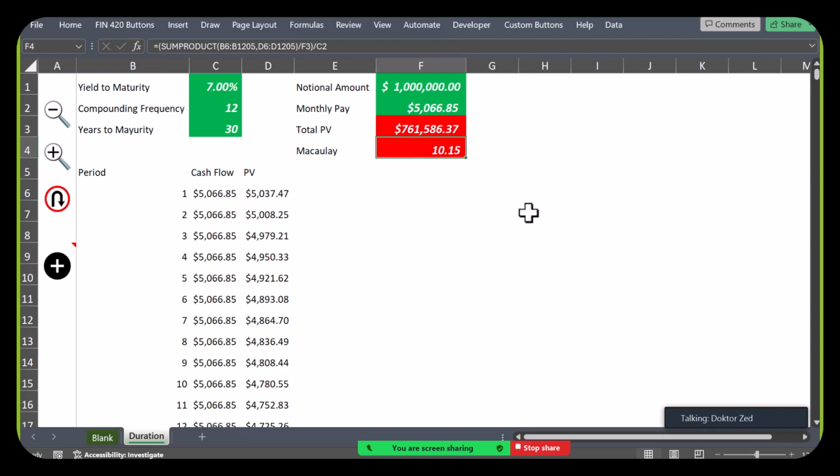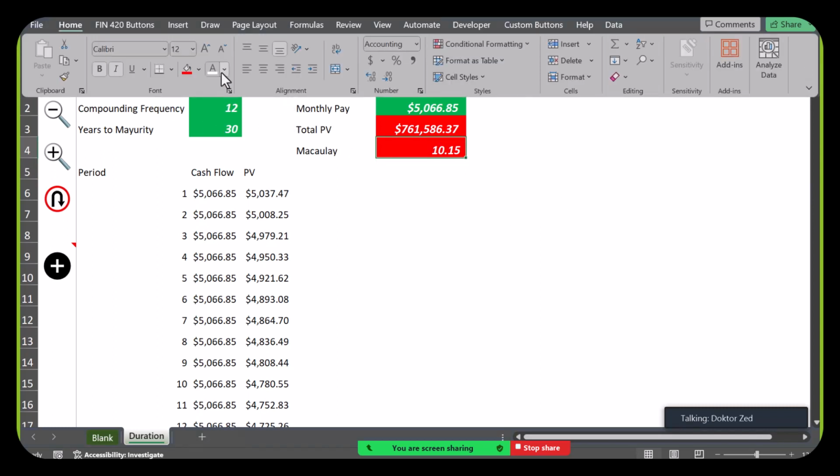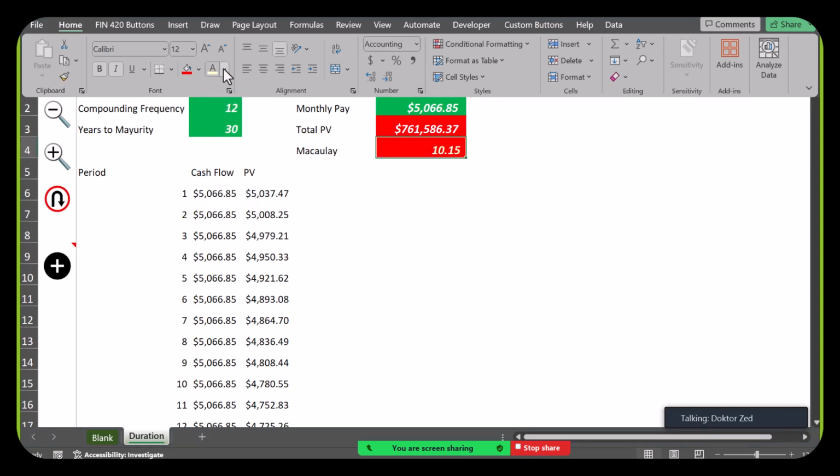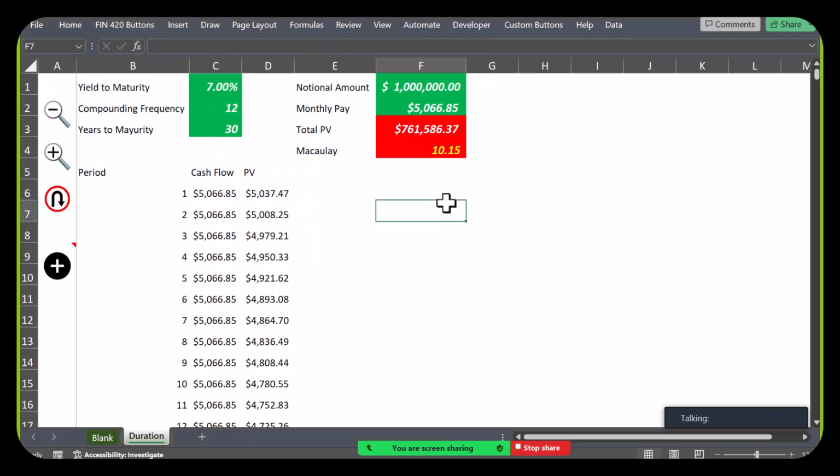Turns out the duration of this is, and let me use different coloring, maybe bright yellow. Even though this is a 30-year mortgage, on average, you're getting your money back within about 10 years.